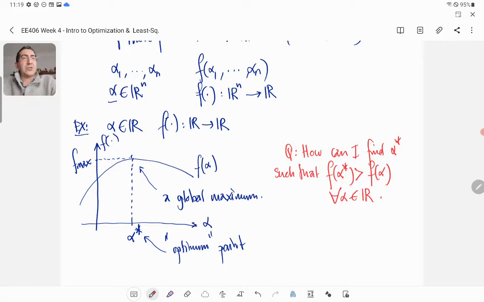Okay, so that's the problem. As I said, in general, this is a multivariable problem. There are many variables affecting the function's value, and we want to find all of those values such that the function can have a maximum or a minimum.